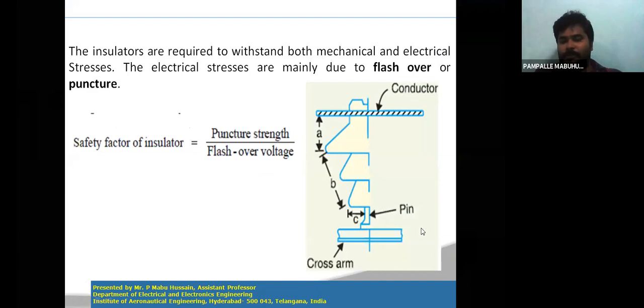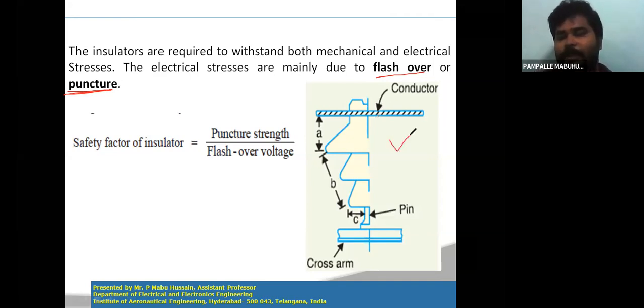When does flashover occur and when does puncture occur? If you observe this diagram, you have the conductor. This is the pin type insulator. On this side you will have the insulator pin, and this pin is connected to the cross arm.